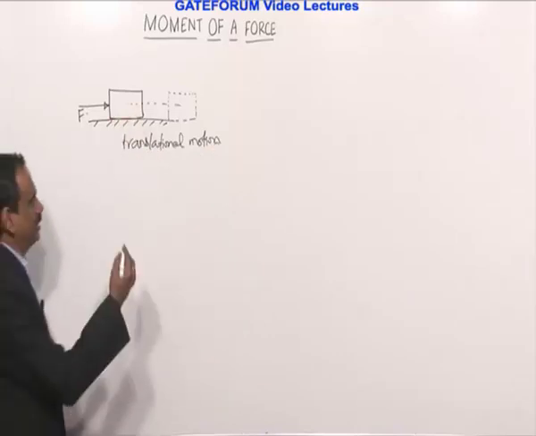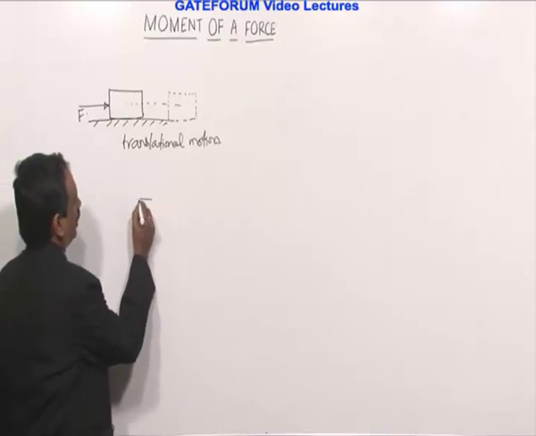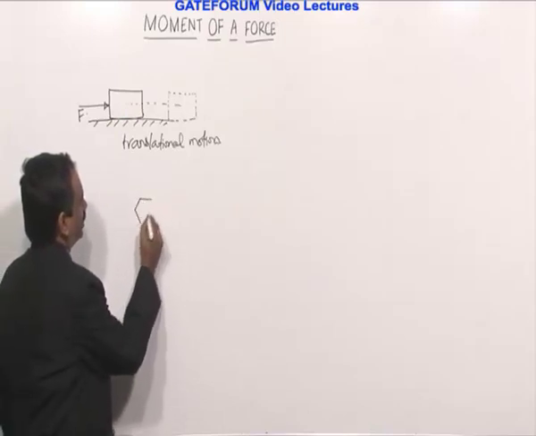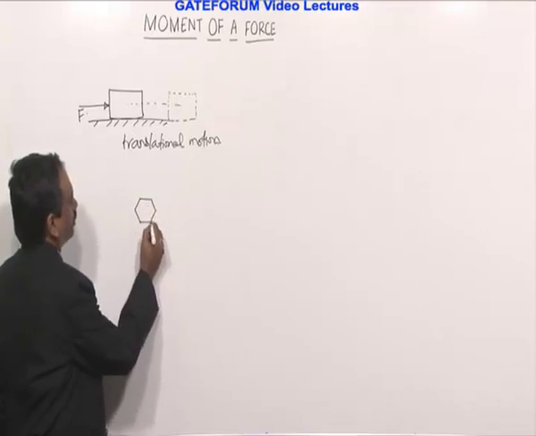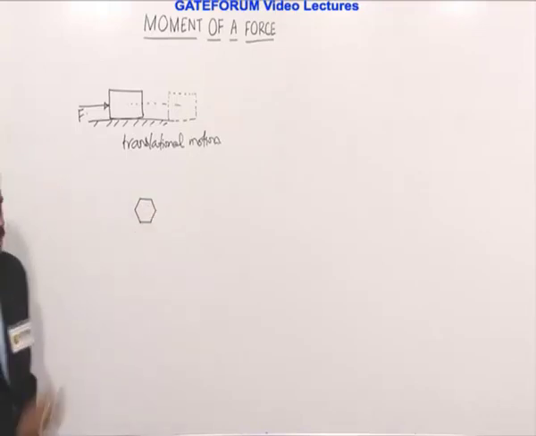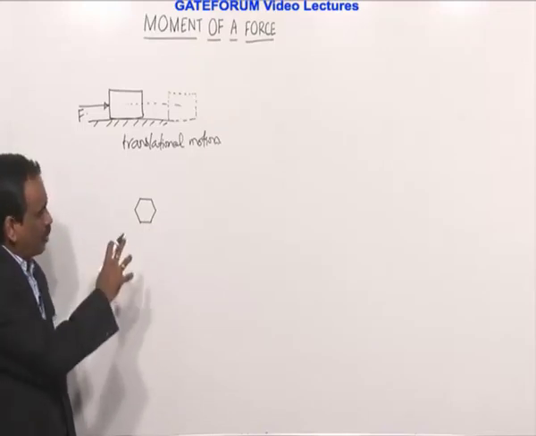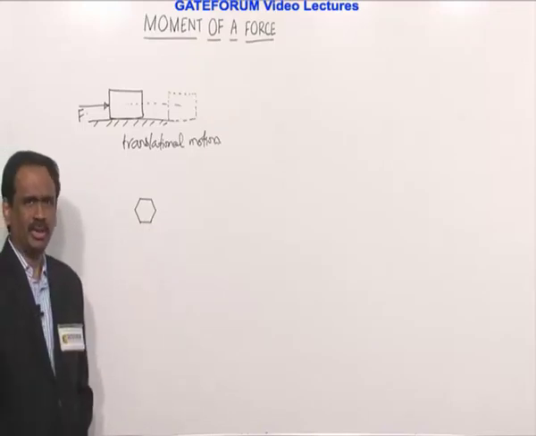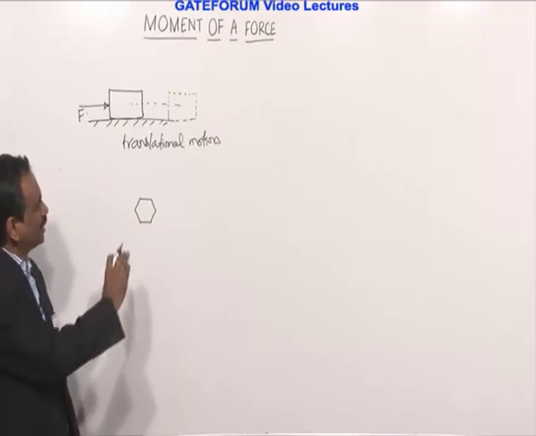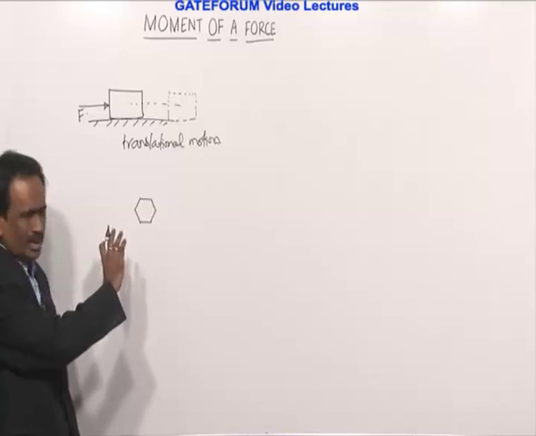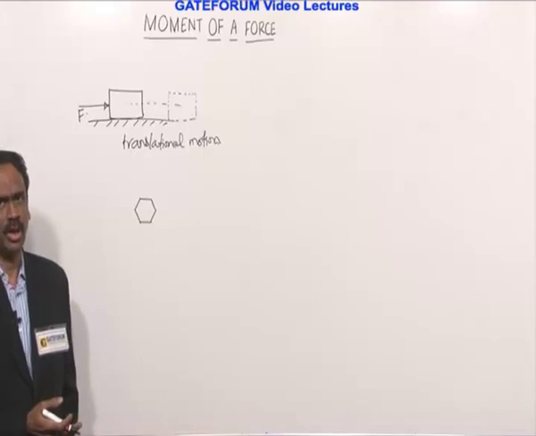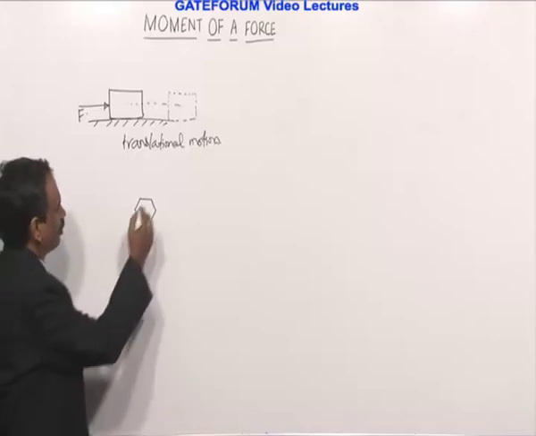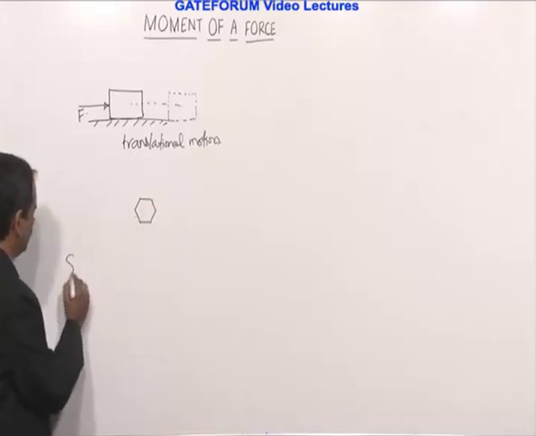Now let's consider another case where you have a nut like this. A bolt together with a nut. Now we may have to tighten this nut or loosen it. Now in order to do that, what do we use? We use a spanner.